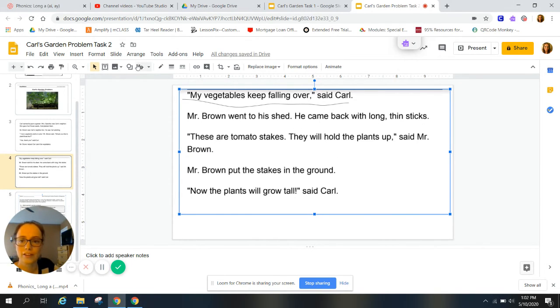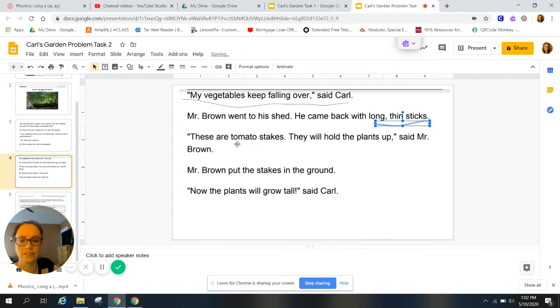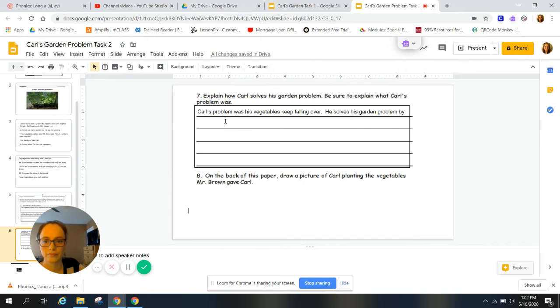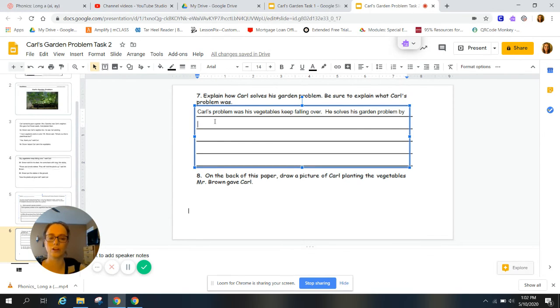So we know that he came back with these long, thin sticks. They're tomato stakes that will hold the plant up. Let's remember that as we are reading. All right, so he solves his garden problem by placing.